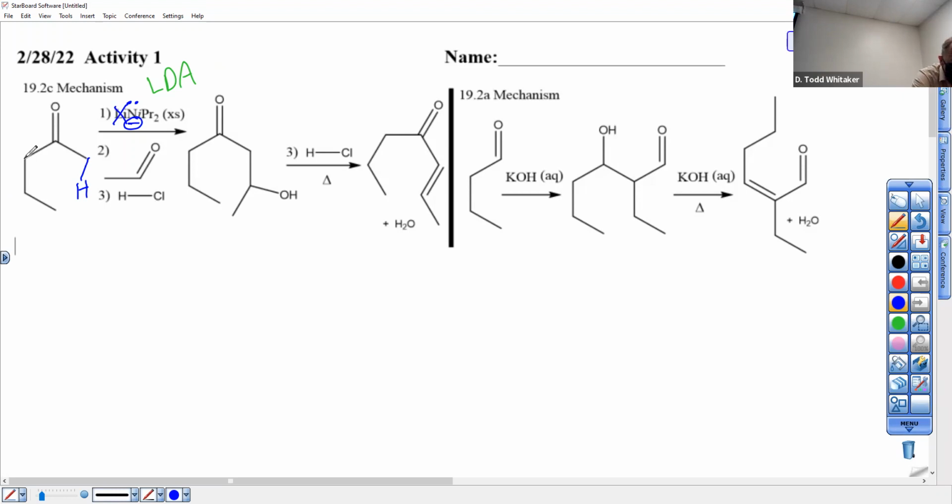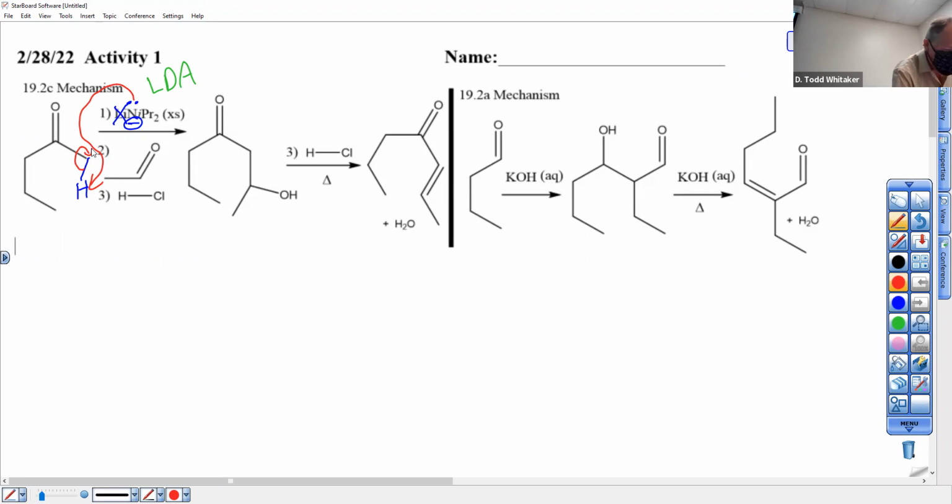These are hindered alpha H's. LDA doesn't like those. It bumps into the ethyl group and says, I can't get to them, but I can easily get to this one. Get used to that. LDA will be coming up again a couple more times today. Step 1. Straight up acid-base chemistry, end of story.